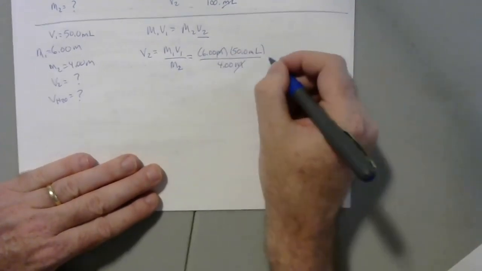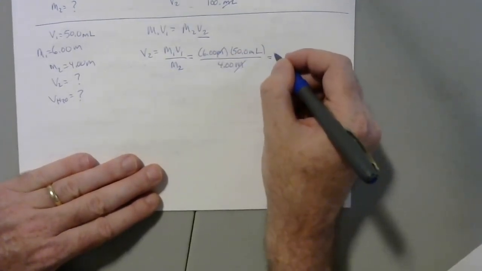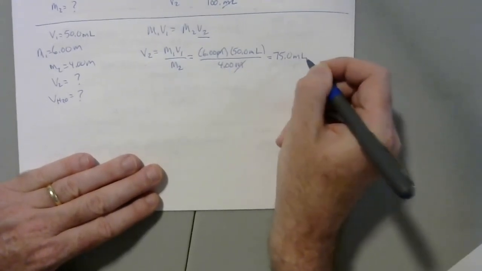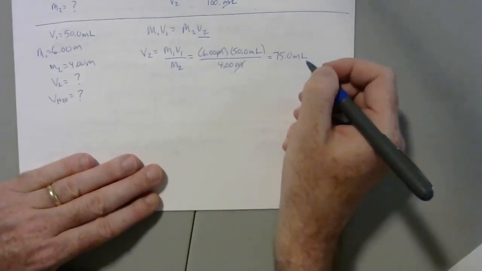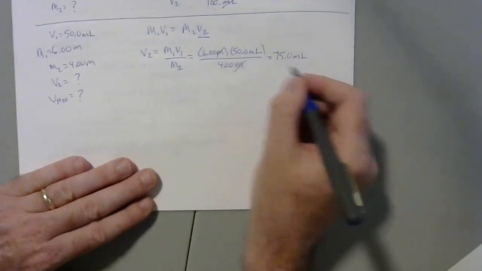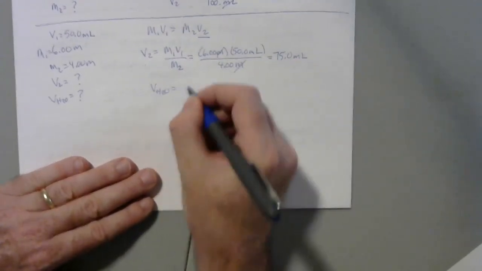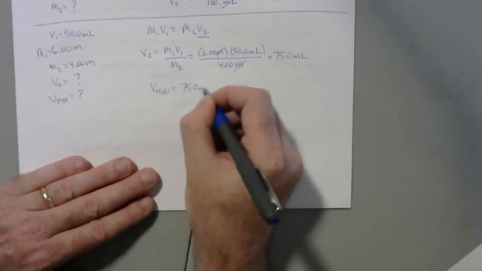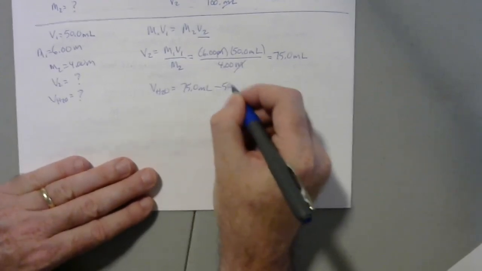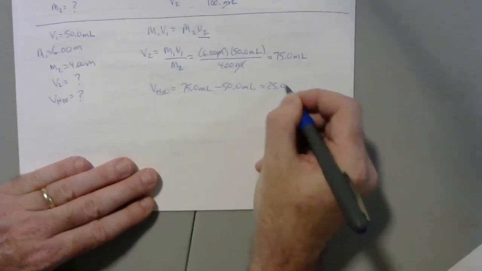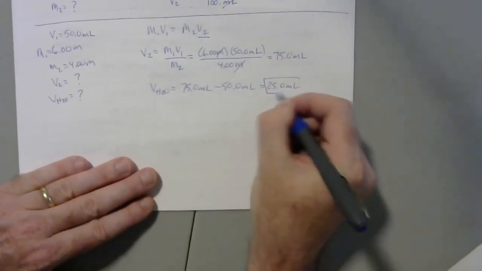Molarity cancels this time, leaving us with milliliters, and that will give us 75.0 milliliters, but that's the total solution. How much water? Well, I had 50 milliliters before, 75 now, so the volume of my water is going to be 75 milliliters minus my 50 milliliters, equaling 25.0 milliliters. And that is our answer.